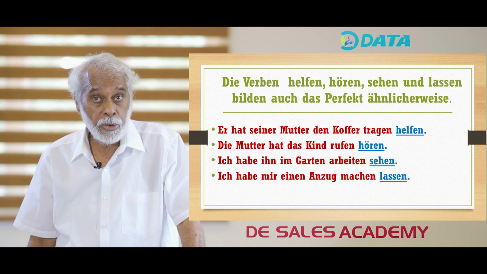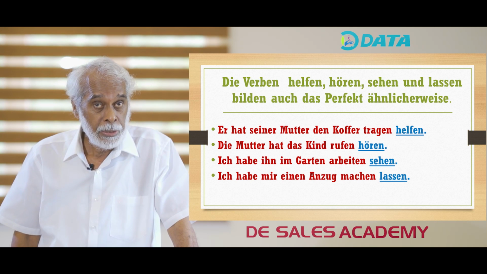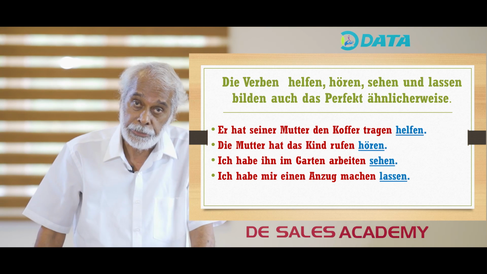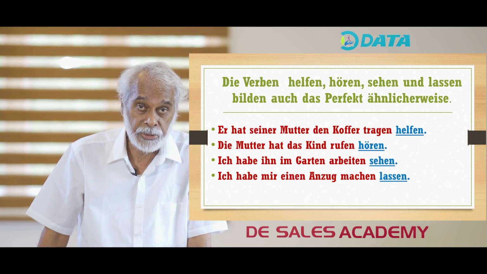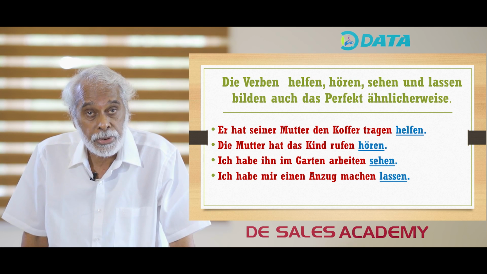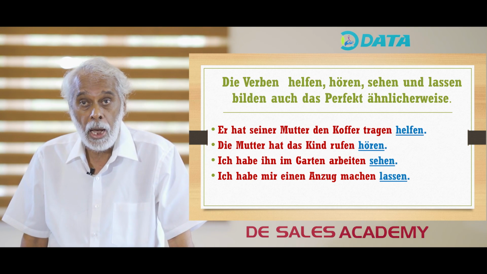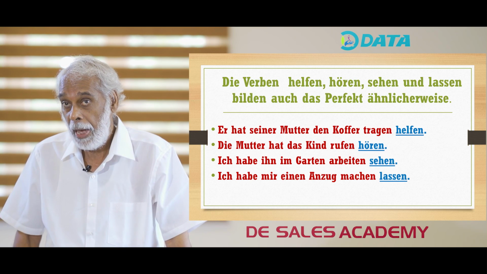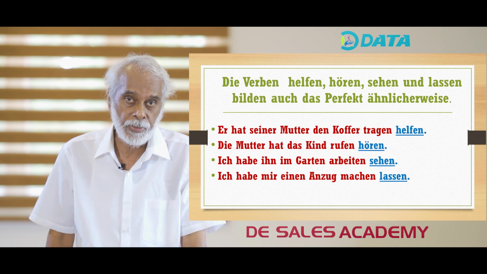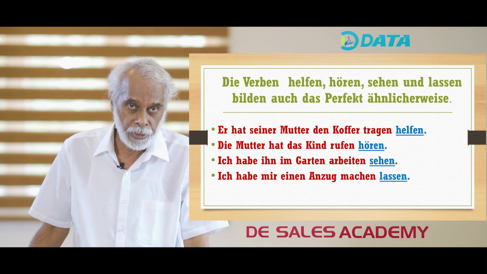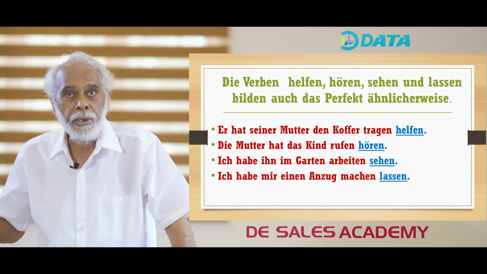Die Mutter hat das Kind rufen hören. The mother heard the child calling her. Without rufen, die Mutter hat das Kind gehört. Ich habe ihn im Garten arbeiten sehen. I have seen him working in the garden. Two verbs. Without saying that, hat im Garten gearbeitet.